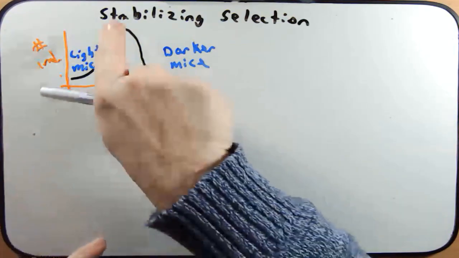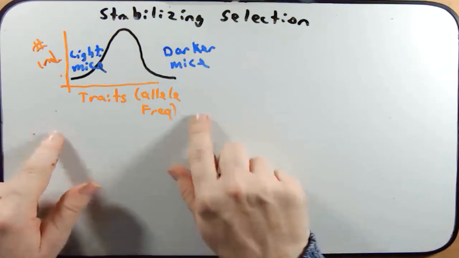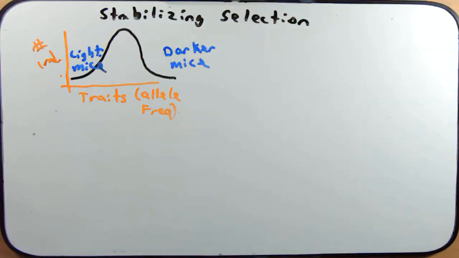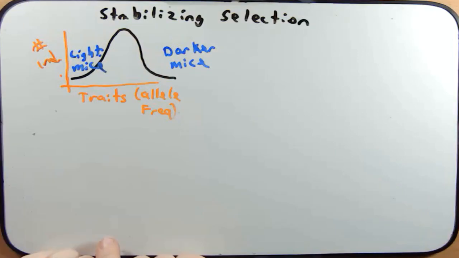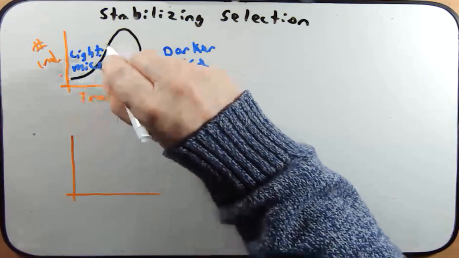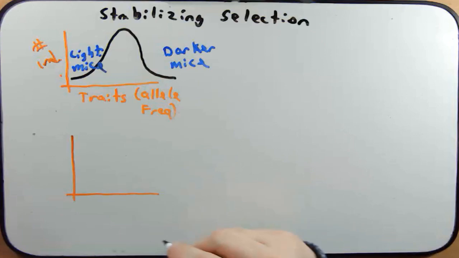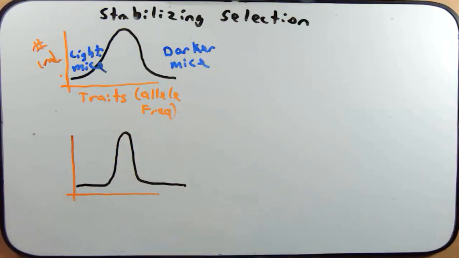In the middle, we have the majority of the mice being represented as maybe a gray-colored mouse, somewhere in between the two extremes. Now remember, with stabilizing selection, what happens is that we favor a phenotype in the middle, and the extremes become less predominant. So with stabilizing selection, instead of seeing this nice bell-shaped curve, what we might see is something like this.